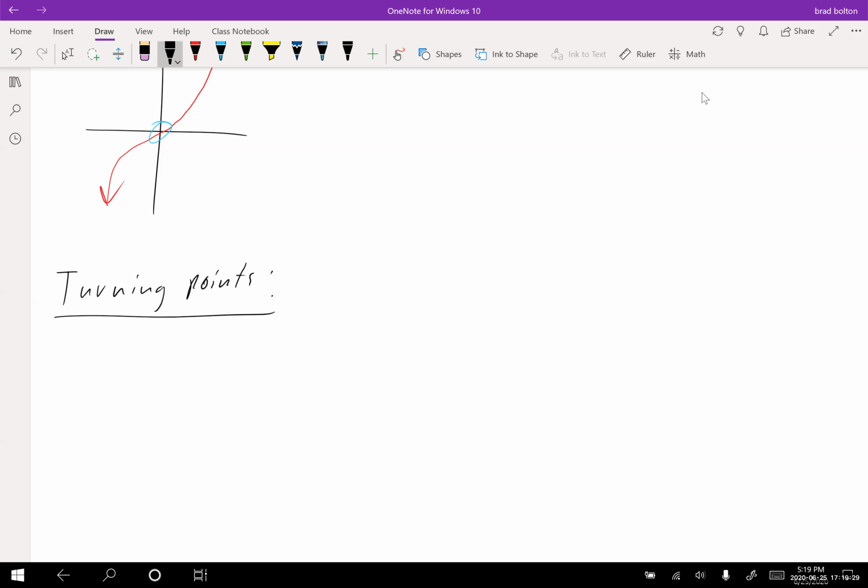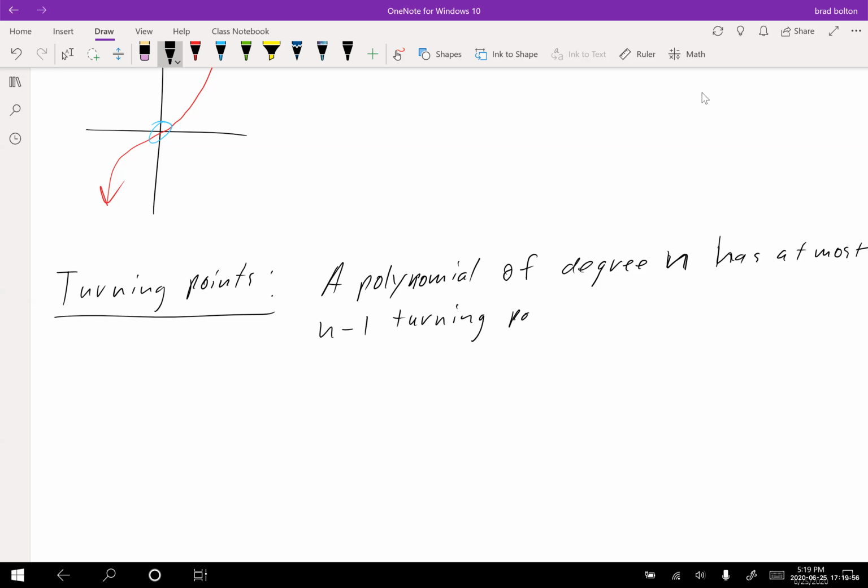Okay, so turning points. A polynomial of degree n has at most n minus 1 turning points. And you'll see that in the homework.